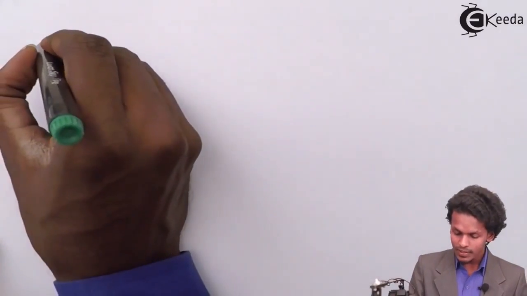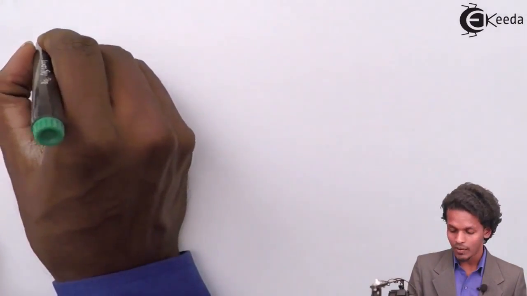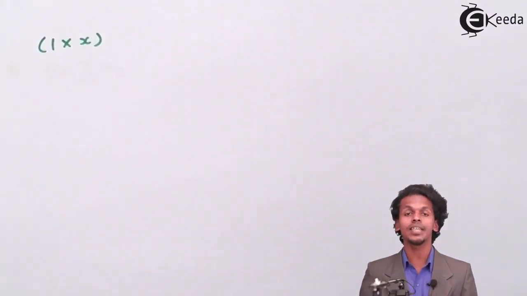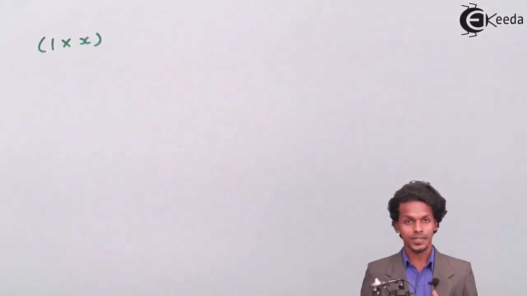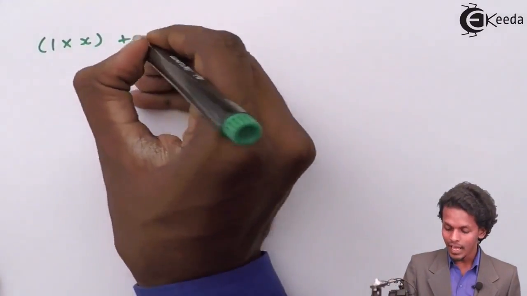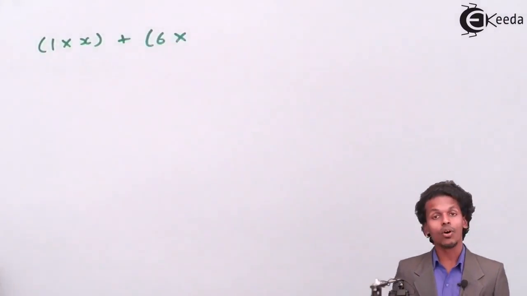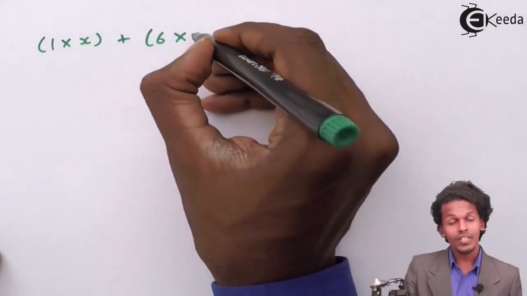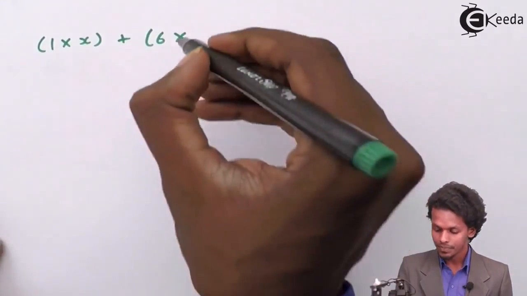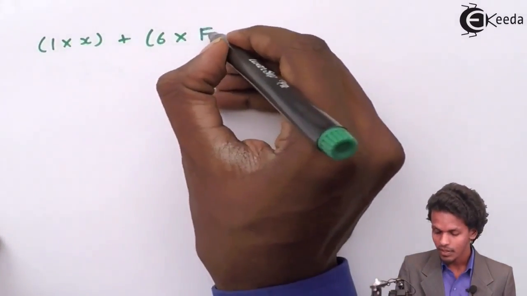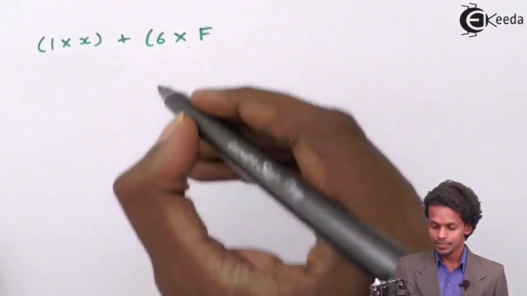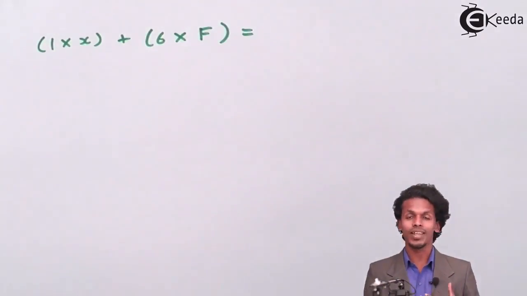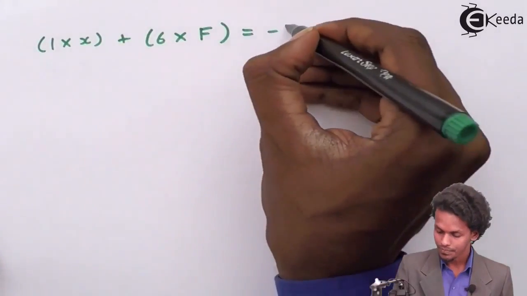So phosphorus is present only one time, so I could write 1 into X. This X represents the oxidation number of phosphorus, plus I have 6 times that of fluorine atoms, which has an oxidation number of 1 minus, and ultimately the charge present on the molecule is -1.